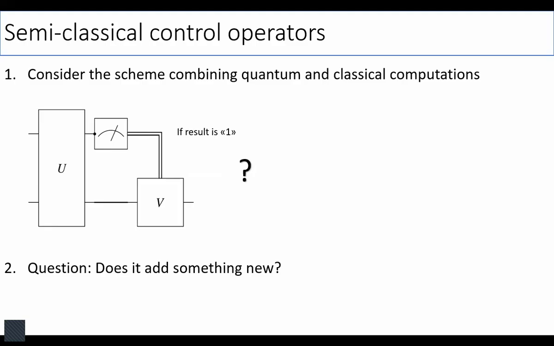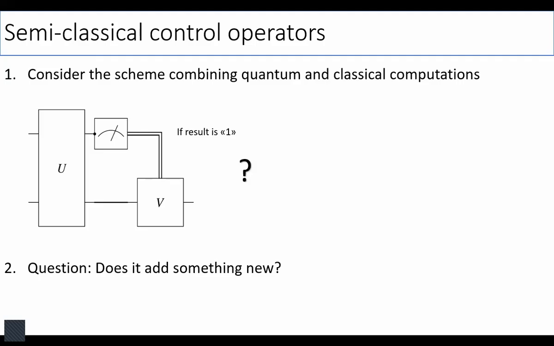And if we get 1, we apply operator B to the second qubit. So this is logically how I draw it.